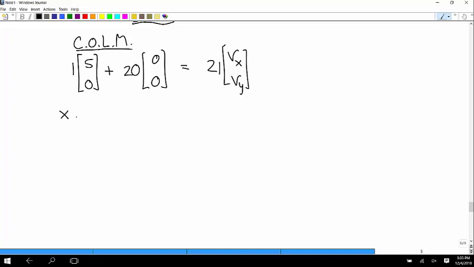The x equation says 1 times 5 plus 20 times 0 is equal to 21 Vx. And can someone calculate Vx? 0.2 meters per second.